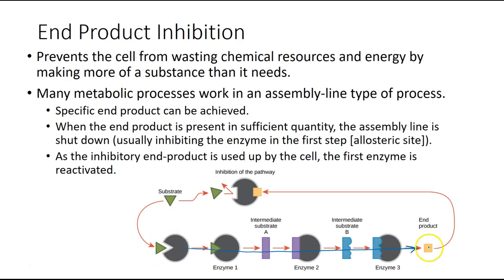As soon as this end product is produced, it can, if it is in enough concentration, say we already have tons of these end products already stored in the cell, and the cell is telling your metabolic pathways or your metabolism that it does not need any more. In fact, it's wasting energy. The body and the cell knows that it is wasting energy.